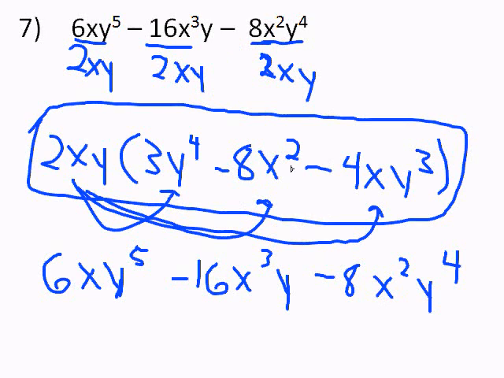If our expressions check out or match, then we know we found the correct factored form. And we notice that our checked out answer matches the original expression, so this means that we did factor correctly.